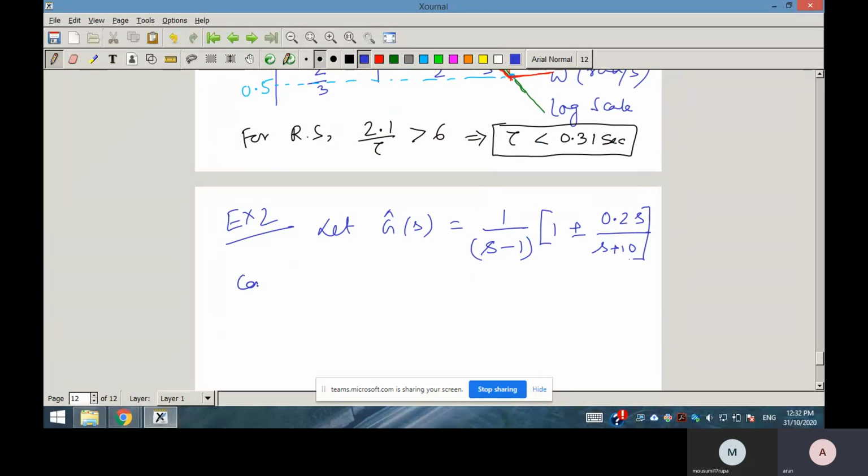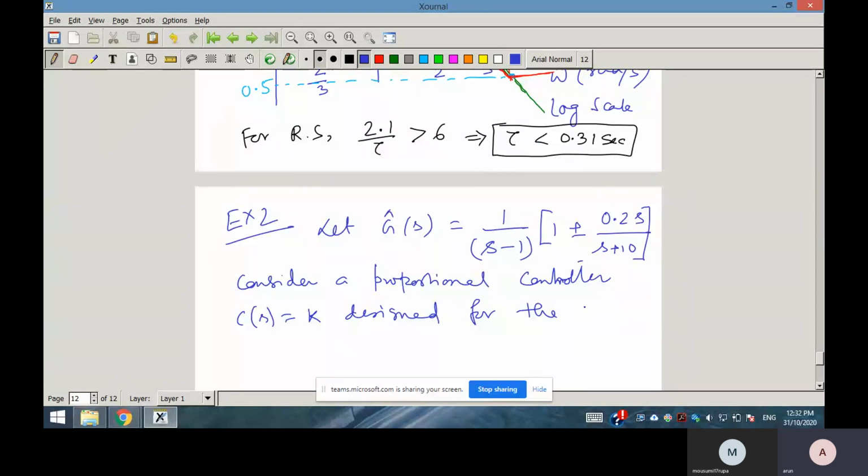So consider a proportional controller C(S) equal to K, designed for the approximated plant G(S) equal to 1 over S minus 1.